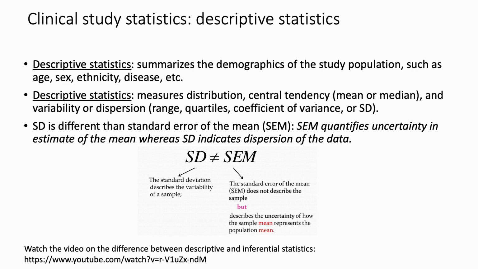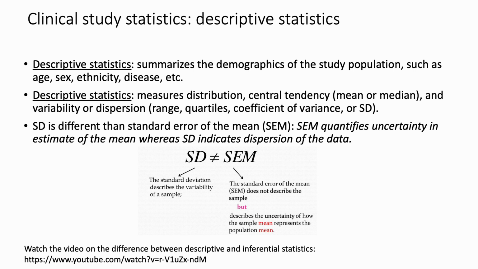So SD describes the variability of a sample. SEM doesn't describe the sample but describes the uncertainty of how well the sample mean represents the population mean.